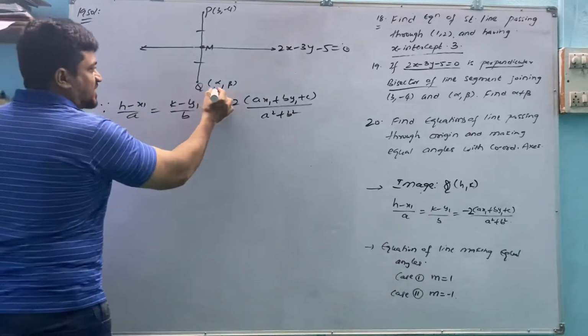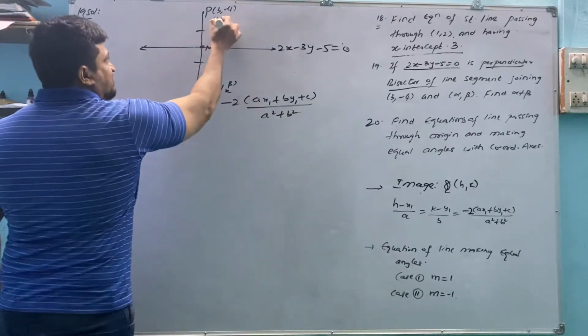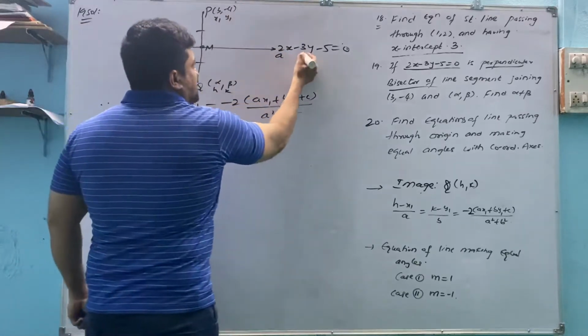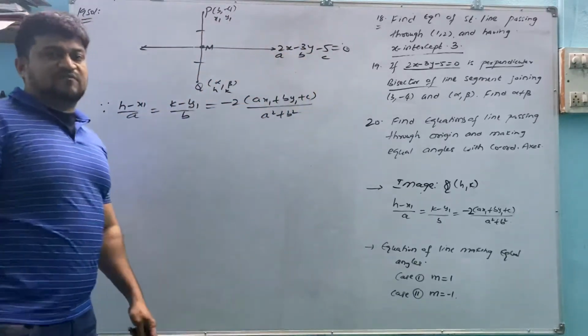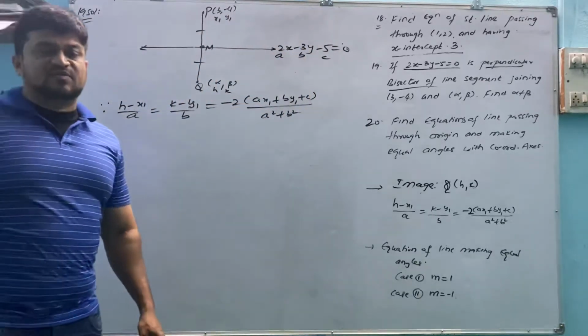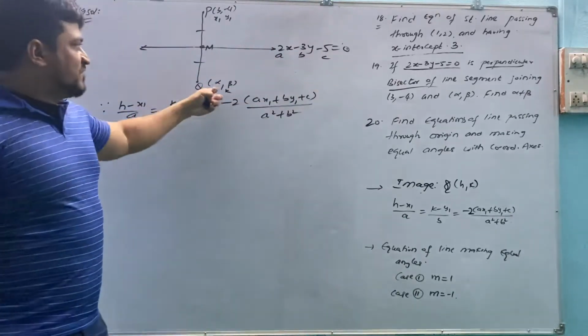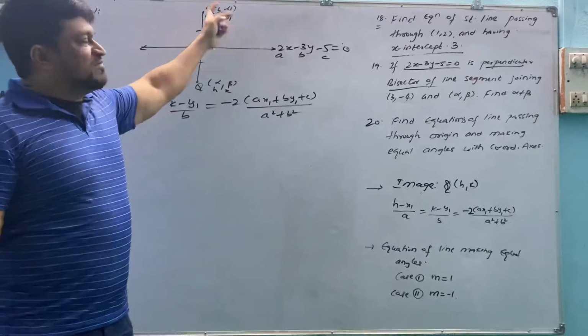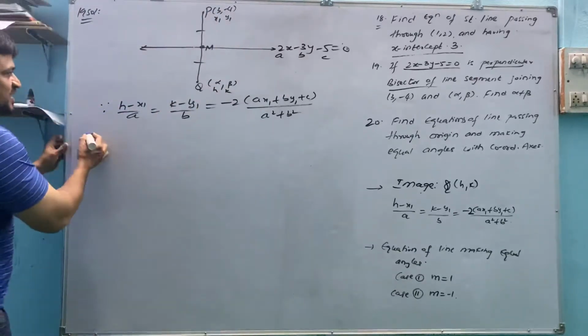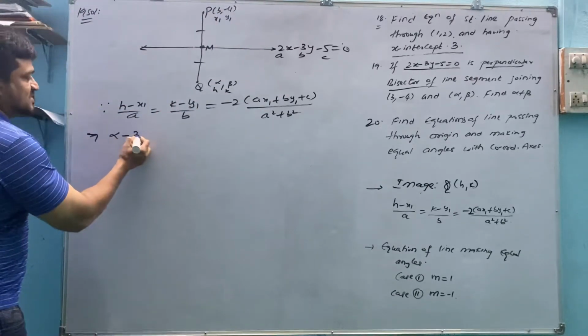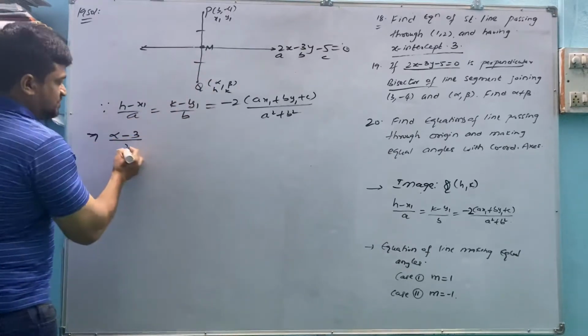This is h comma k. This is x1 y1. A, B, C are coefficients and whatever values are given for a line ax plus by plus c. Compare the line with ax plus by plus c. Alpha comma beta is h comma k and x1 y1. So substitute here, h minus x1, alpha minus 3 by a, 2.